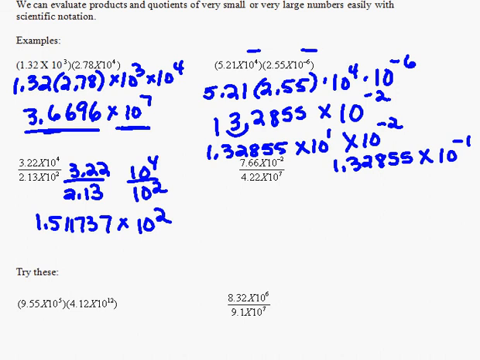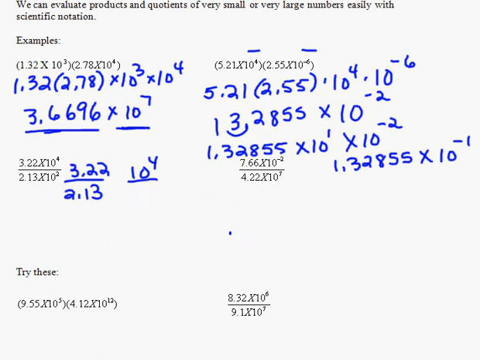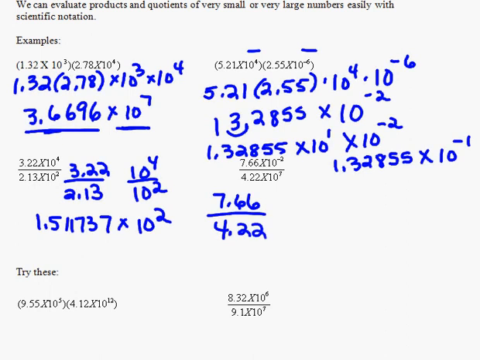Okay, when we do the next one, I'll go ahead and do that too since there's a negative exponent involved there. First I'm going to do 7.66 divided by 4.22 times 10 to the negative 2 over 10 to the 7.